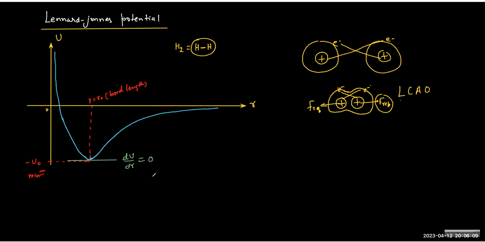And by definition, force is minus du by dr, so it is also 0, correct? So if the slope of the U-r graph is 0, the force is also 0. So whenever the slope is 0, force is 0. Is it clear?